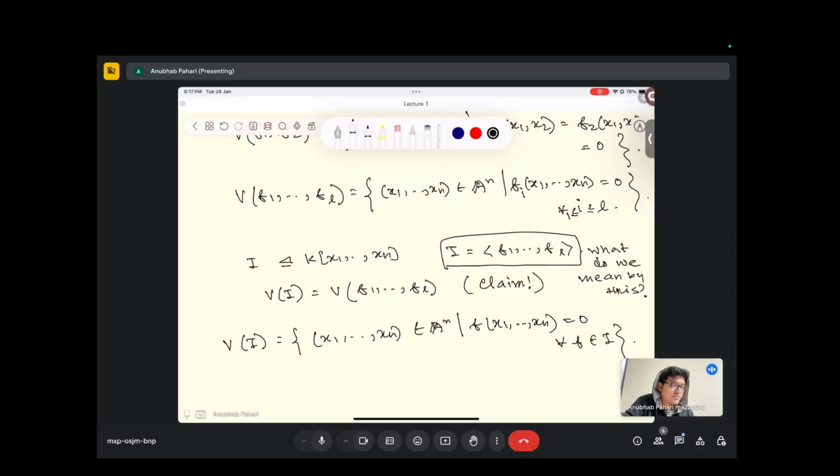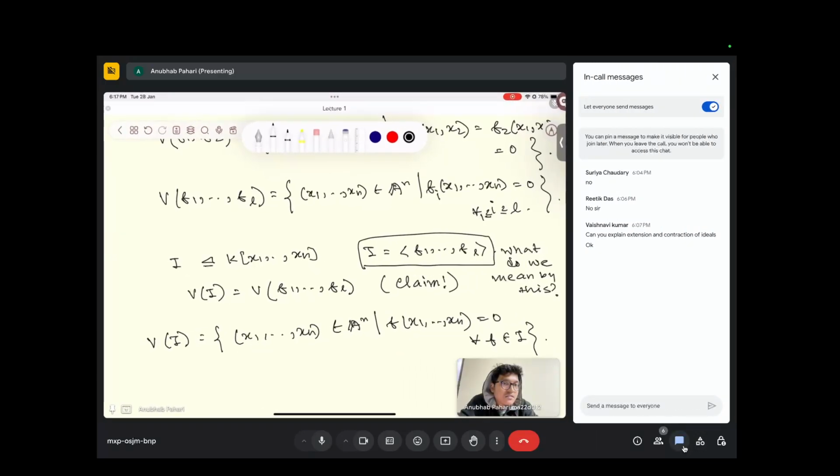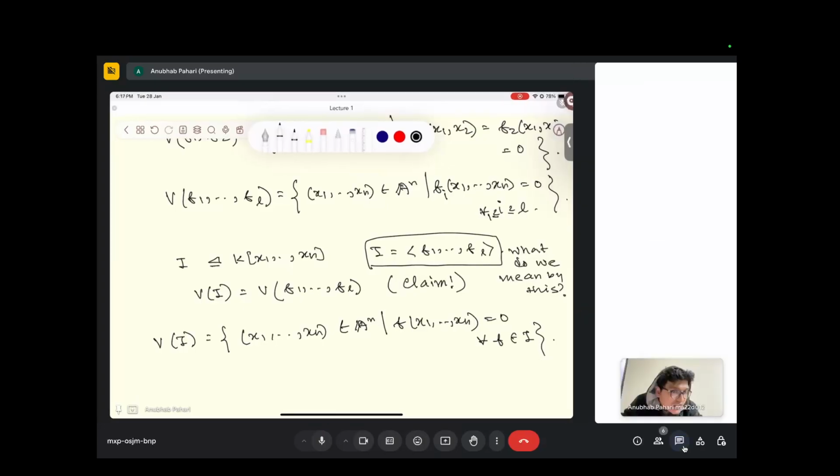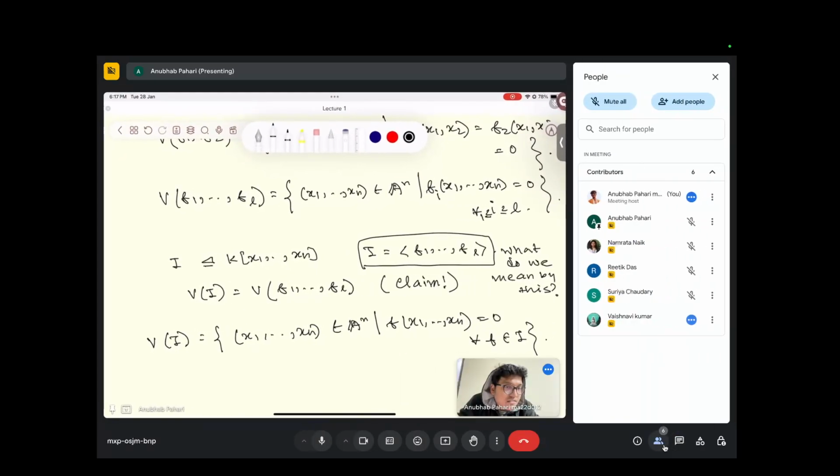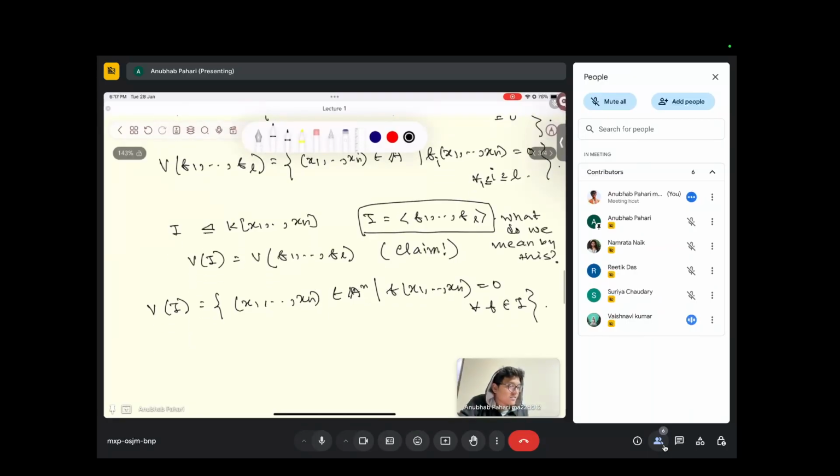If you think about that, then I think you will get your answer, because k is a field, so k[x1, ..., xn] is an integral domain. So if a product of two numbers is 0, then one of them has to be 0. Now, can you give any intuition? Hello, can you hear me? Yeah, I can hear. It will be a linear combination of f1 to fL, right? Yeah.